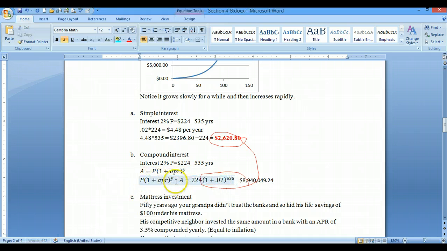There you go. And because it's two separate things, I'm going to put some spaces. My principal is $224. The APR is 2%, so 0.02. And it was for 535 years. Kind of nice. Now I'm going to get rid of that because I want everything to line up again.